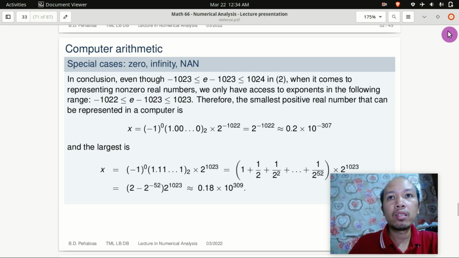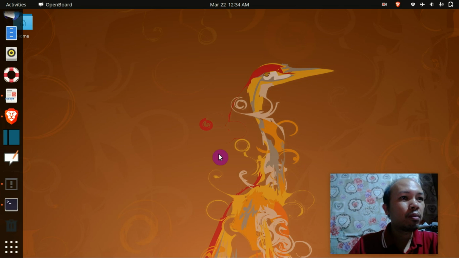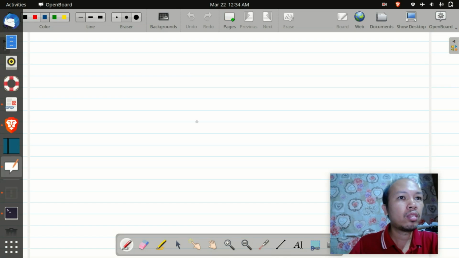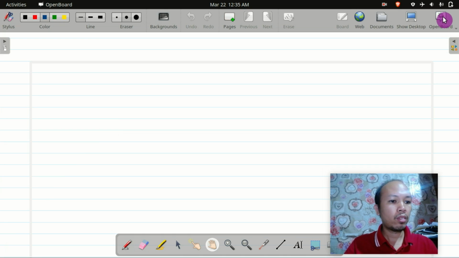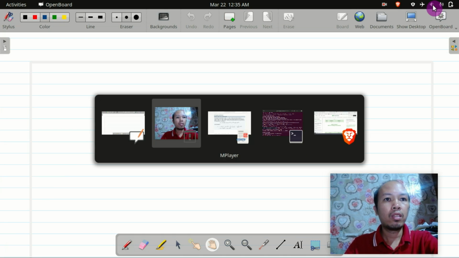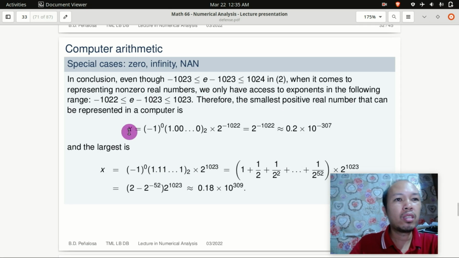So let me open my board here. Notice in the previous discussion, this representation is the IEEE 64-bit floating point representation.